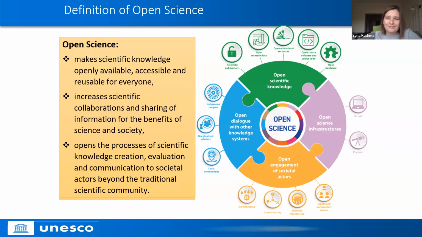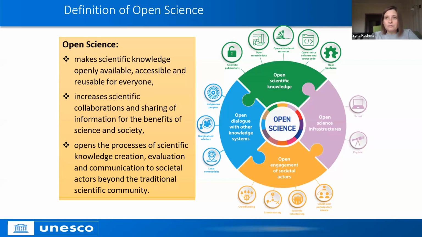So open science is not the goal. The goal is better science and better societies. And it includes traditional knowledge holders and ensures that their input is respected and treated properly.